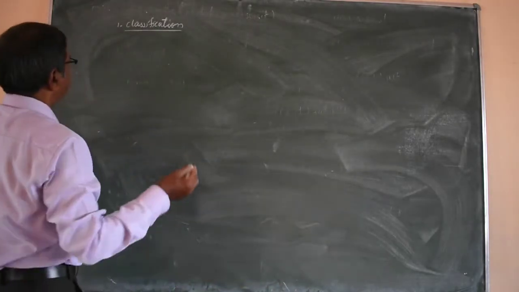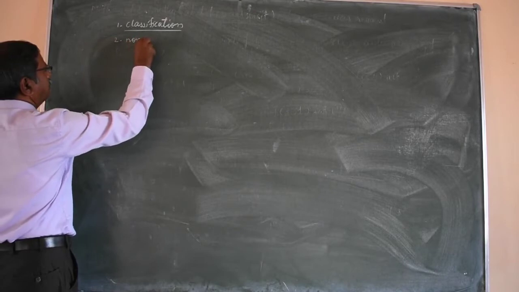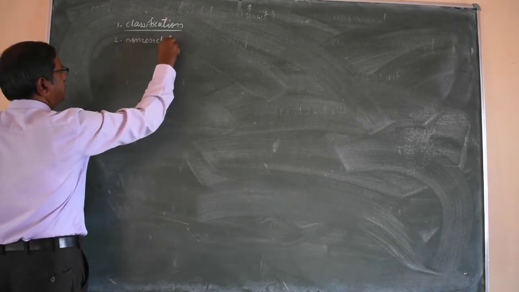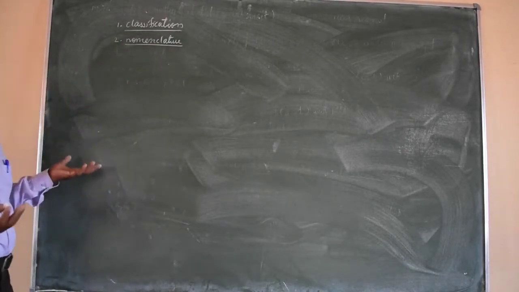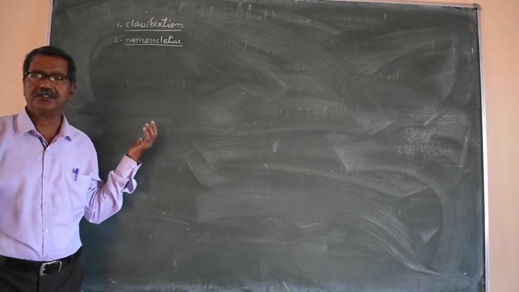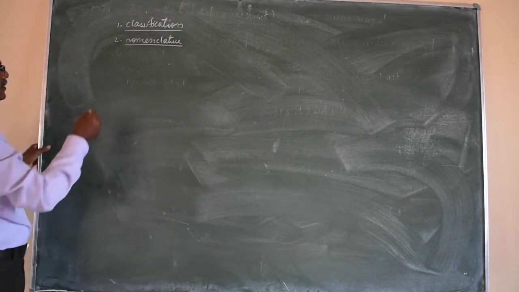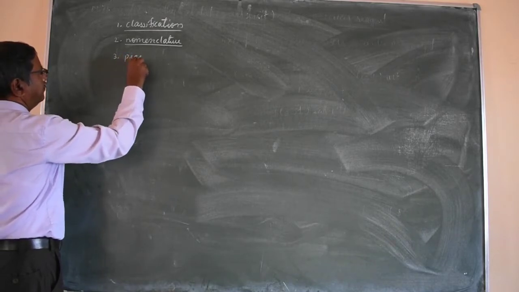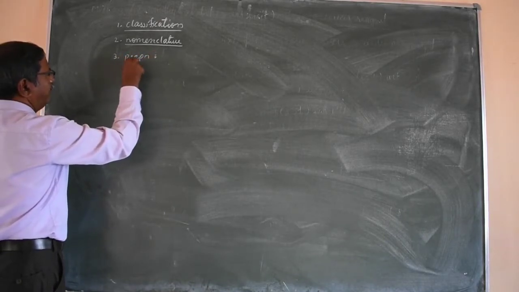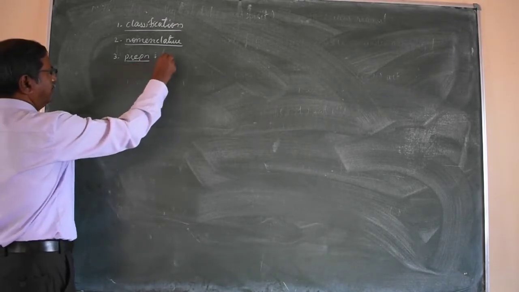The second point, after classification, is nomenclature. We have two ways of naming: one is the trivial or common name and another is IUPAC. Third one, preparation. In preparation of alcohols, we have different methods. One is from alkene.